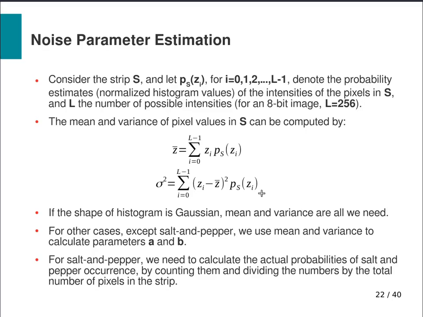So let's say you are working in a strip or an image patch in which you have 1,000 total pixels, and out of those, 50 of them are affected by salt noise. In that case, the probability of salt noise is going to be 50 over 1,000, or 5%.